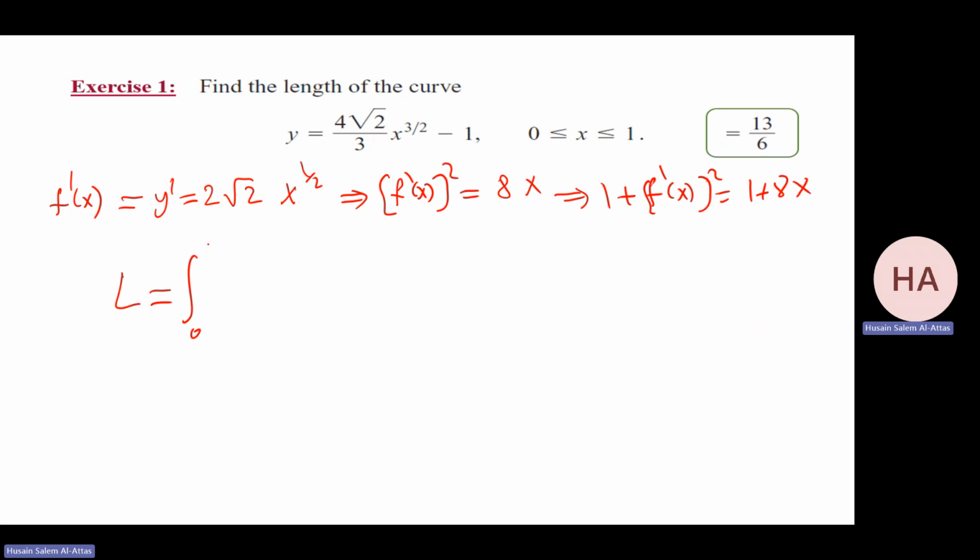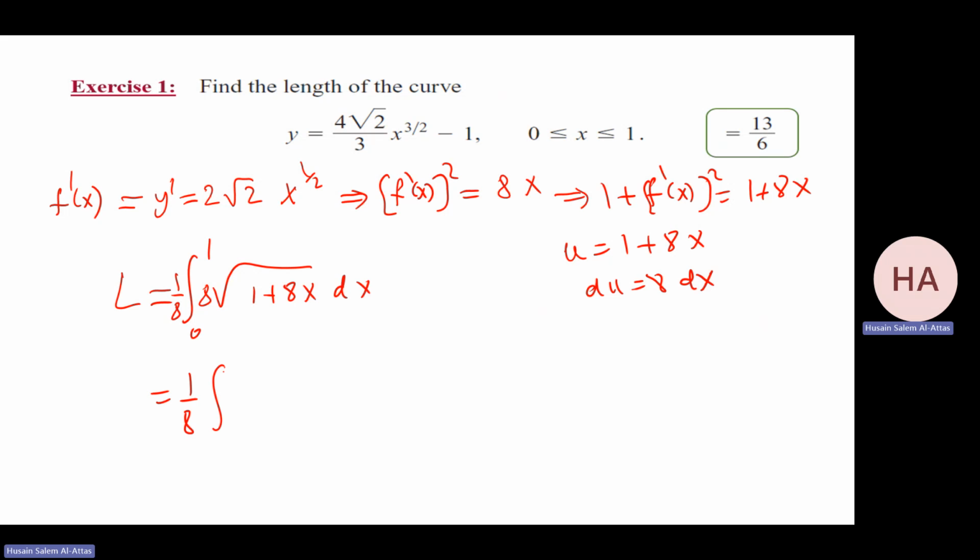L will be from 0 to 1, the integral of square root of 1 plus 8x dx. Let u be 1 plus 8x, du will be 8 dx. So I'll put 8 and 1 over 8 outside. That gives me 1 over 8. Integral from where to where? 0 gives me 1, 1 gives me 9. U to the power half du.